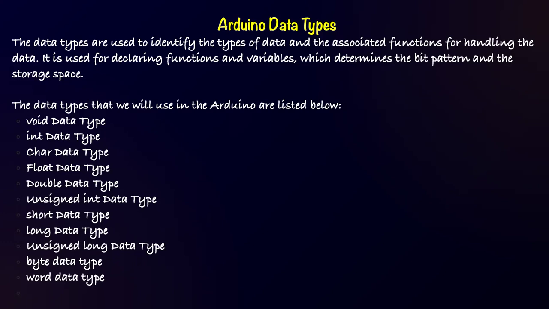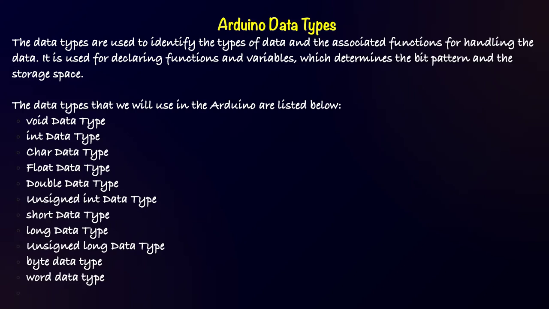So some of them you already know, like void data type. Int data type. Int means the integer data type, when we're working with numbers, whole numbers. Then character data type, which we call char. And then comes float data type, where the decimal is being used.